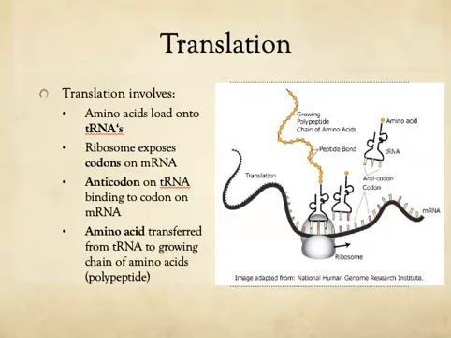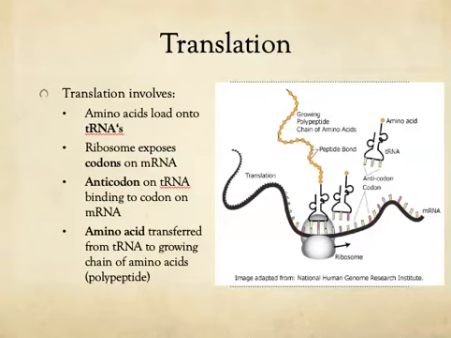The correct tRNA is the one that contains the anticodon that will match the codon exposed on the mRNA molecule. It's the ribosome that exposes one codon at a time on the mRNA.